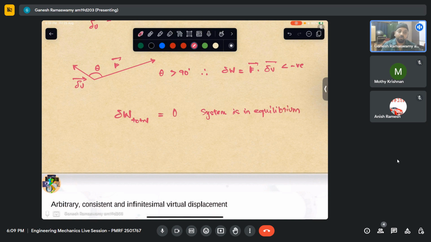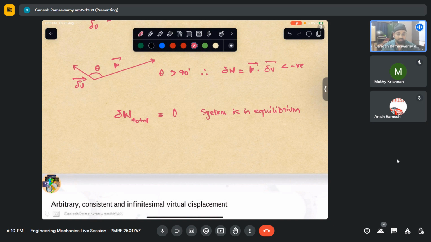Till now, what were we trying to do in the analysis of rigid bodies? We were trying to find out the internal forces or the reaction forces. All these we were doing with the help of the constraint that the system is in equilibrium.